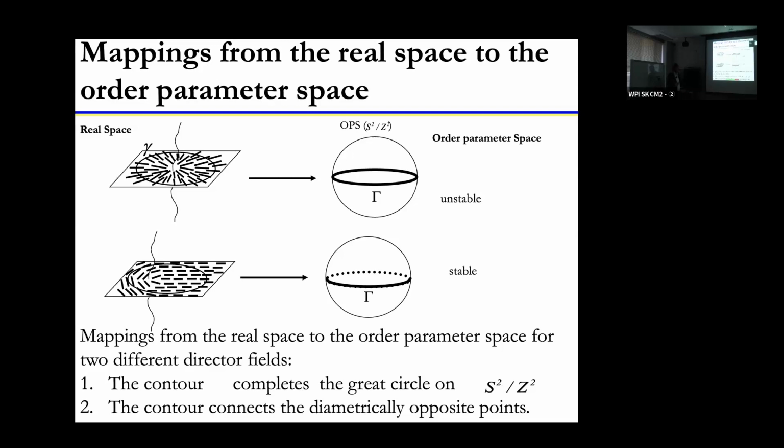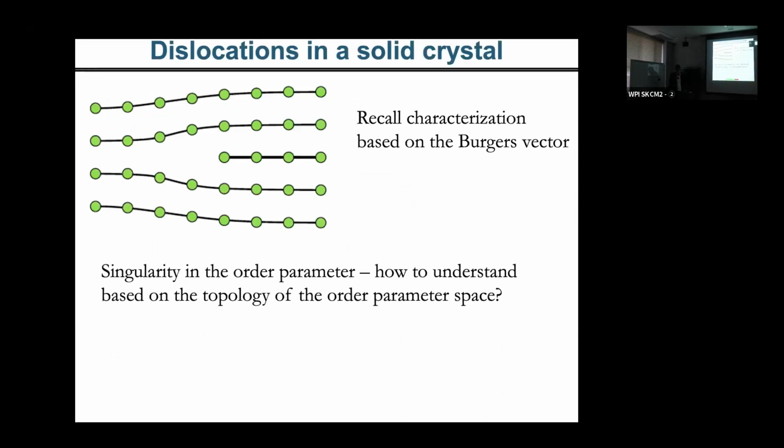The reason in this case is that, remember, diametrically opposite points are identified, and therefore they kind of pin the particular orientation. So if I have some point in here with which I draw the circle, that point also corresponds to the diametrically opposite point, and I cannot contract it to a single point somewhere else. And so therefore these types of defects are possible.